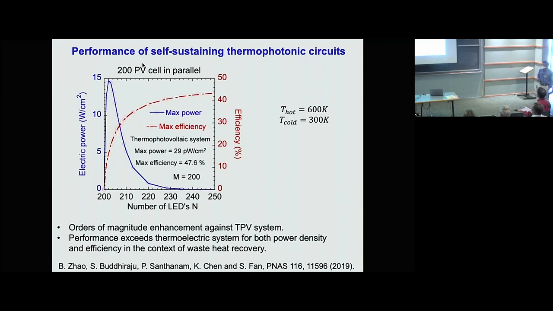And this kind of number represents orders of magnitude enhancement against thermal photovoltaic systems. And it also points to the fact that these thermophotonic systems can have performance that is very competitive or even exceeding thermoelectric systems in the context of waste heat recovery.